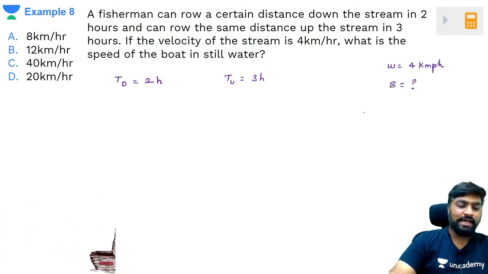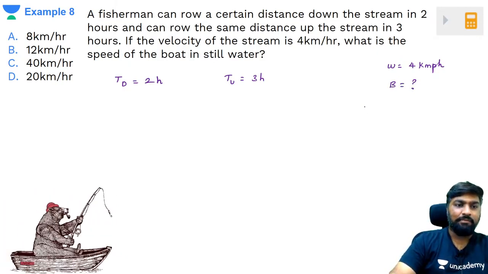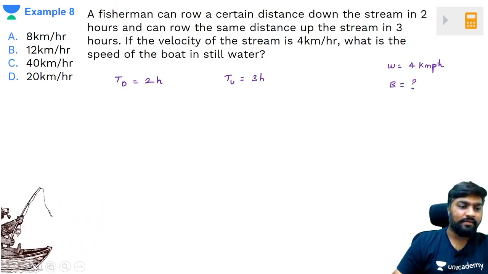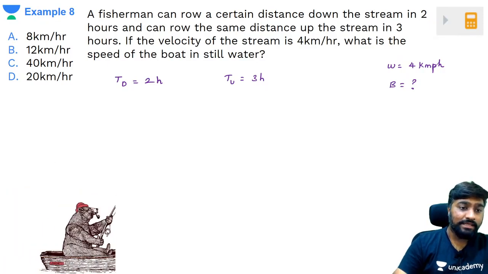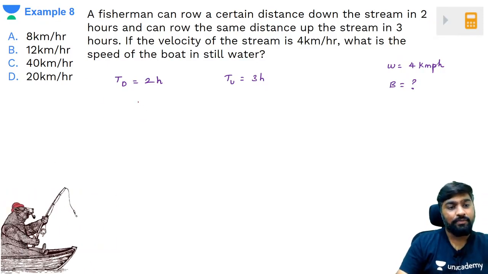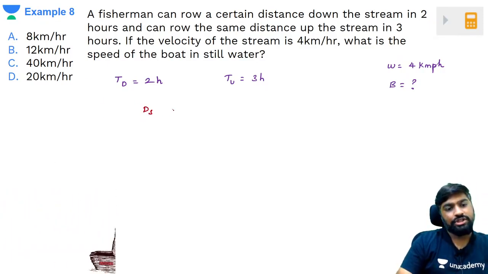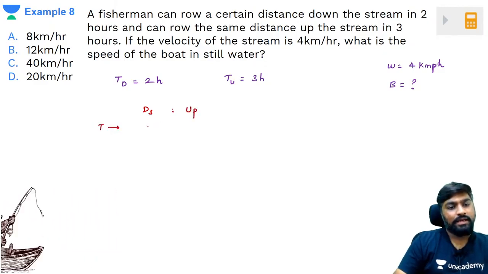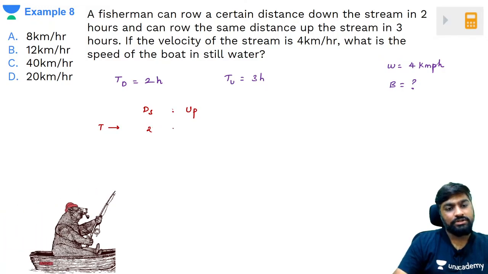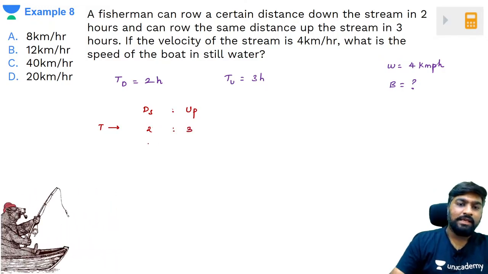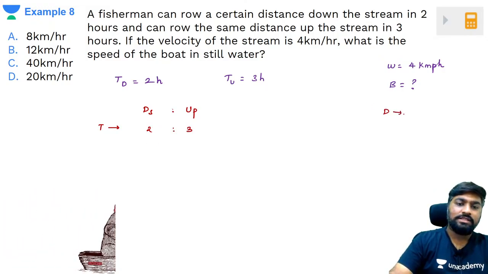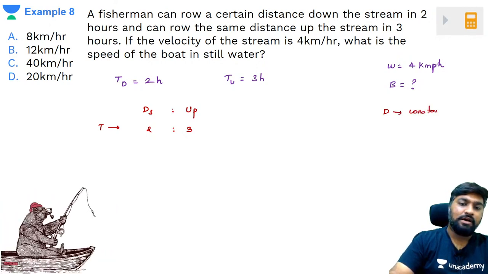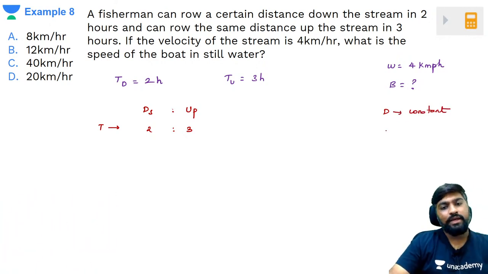If you try and do this in the traditional method, it might take some time. So this gives us a hint to immediately go for ratio. Let's look at downstream to upstream. In case of time, it is 2:3. Since distance is constant, the same distance upstream and downstream, what do we know?